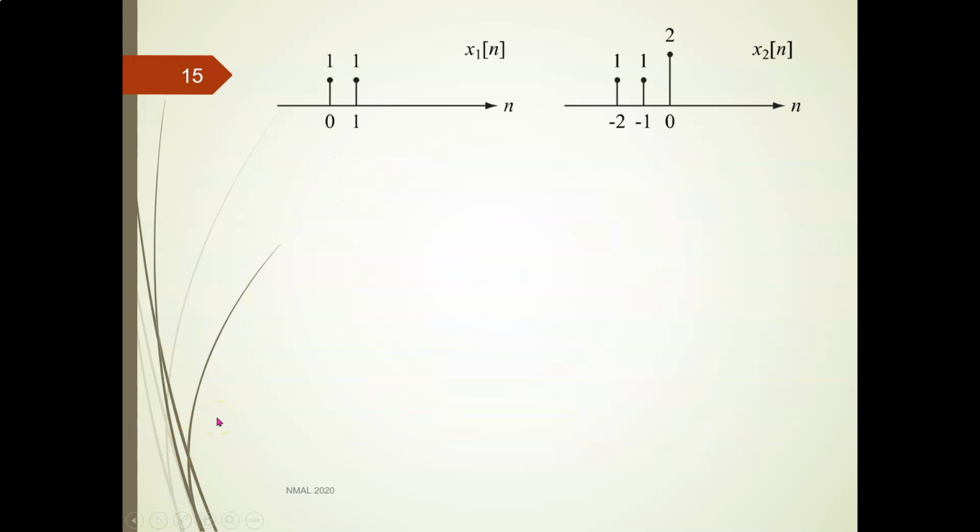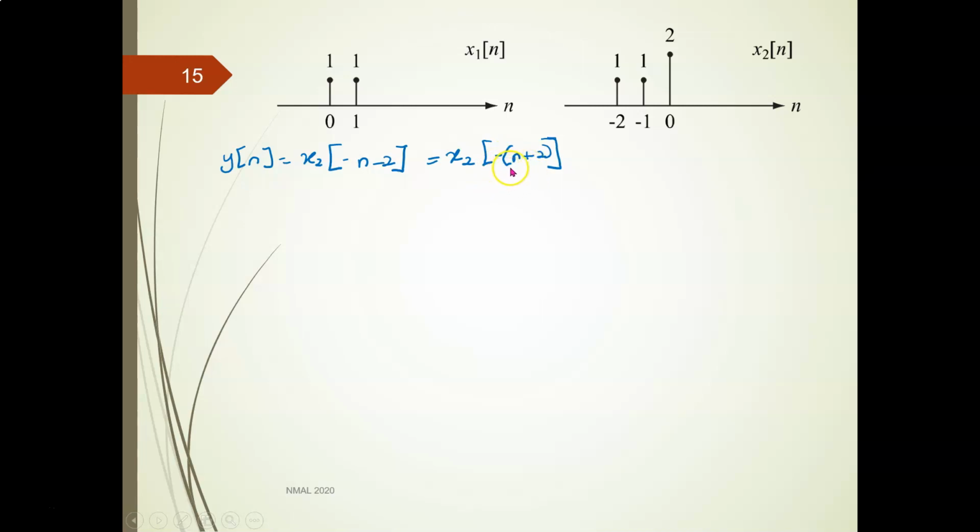Here, see y[n] equal to x2[-n-2]. So this is when it will be a bit tricky. If you want to plot this, what we can do here is we put the negative outside the bracket, and then inside the bracket we put n plus 2. If we look here, there is a time inversion and also time shifting involved.